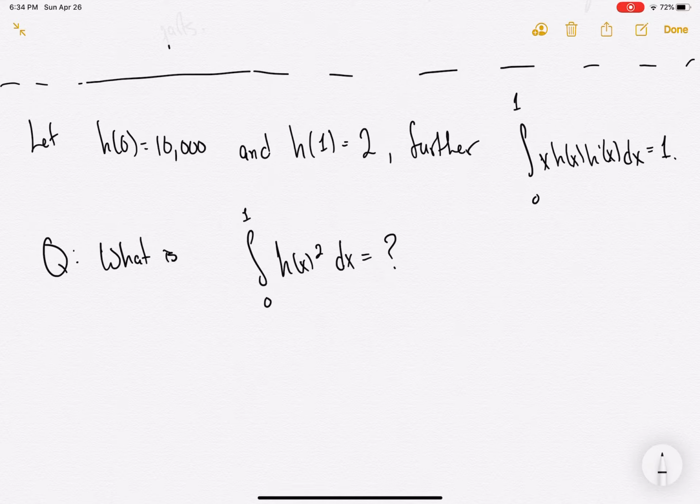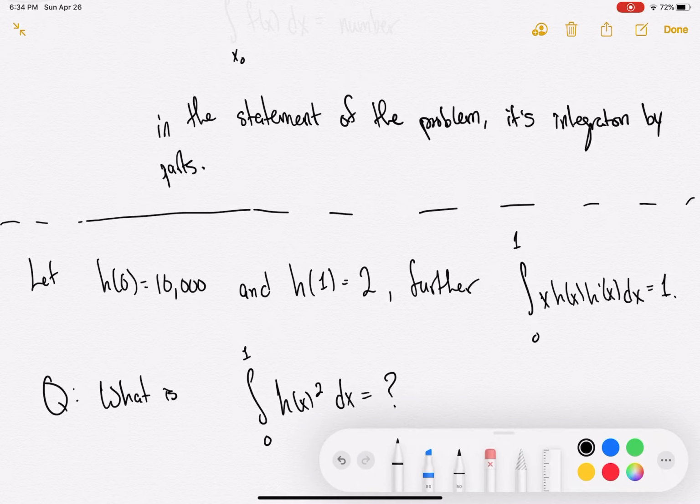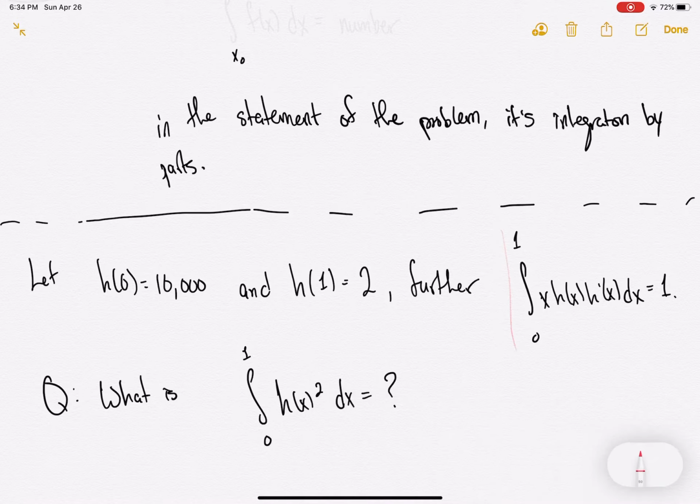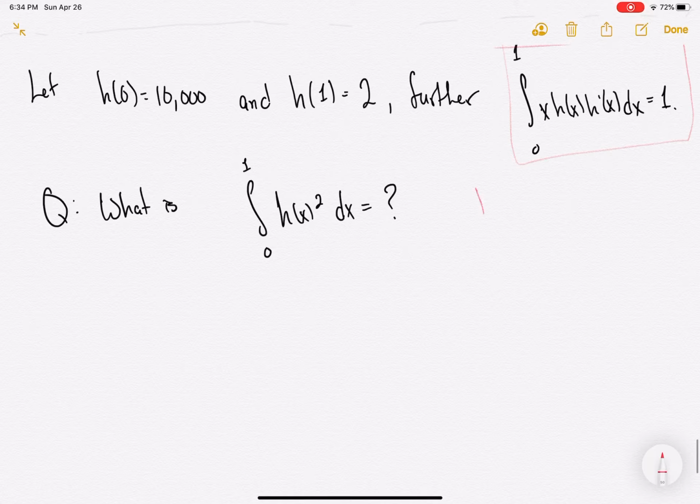This is a really weird way to write the problem, but it works, and it's kind of startling that it works. So I say it's integration by parts just because of this piece and what I had just told you. So we want to think about that piece and this piece. By what I said above, this is integration by parts.